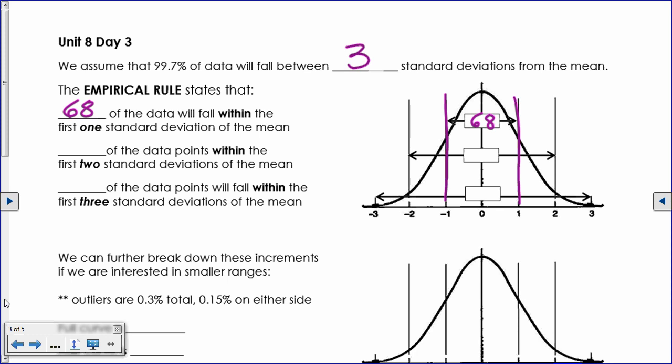If we go further out, if we go to 2 standard deviations, 95, oops, that's supposed to be a 9, I don't know why I wrote 6, 95% of the data points will be within 2 standard deviations. So if you go out to the -2 and +2, 95% of your data falls between the -2 and the 2.